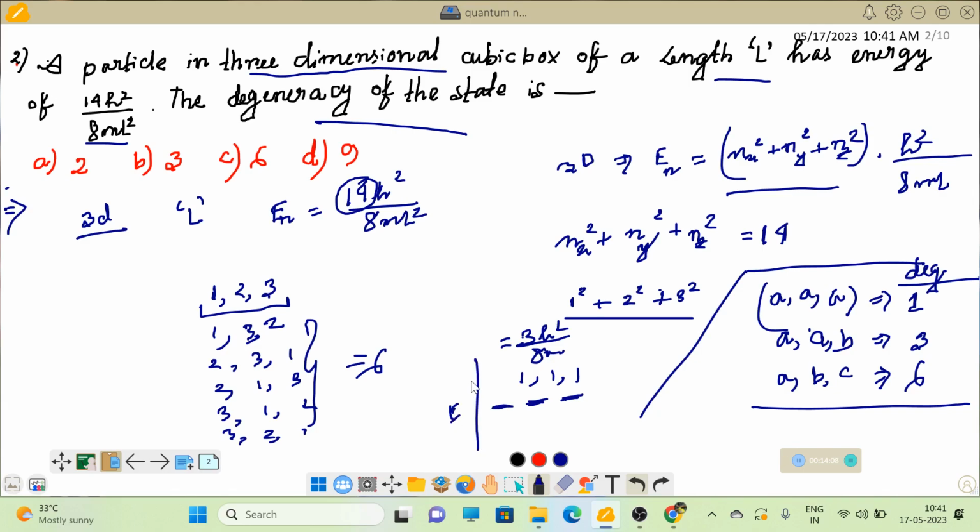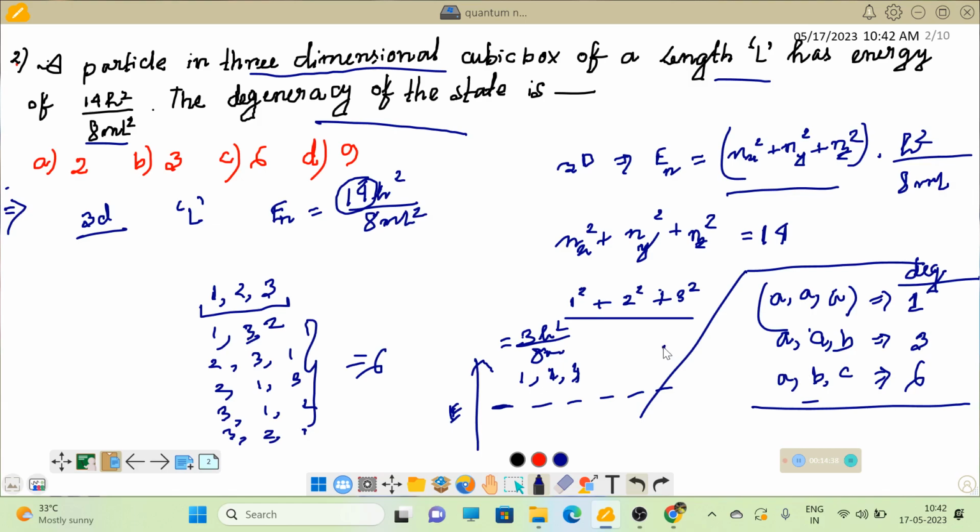If we draw this, 1 1 1 means we will get only one degenerate state, as the numbers are the same. Here 6 degenerate states, like here 1 2 3, we will get 6 of them in the same energy level.